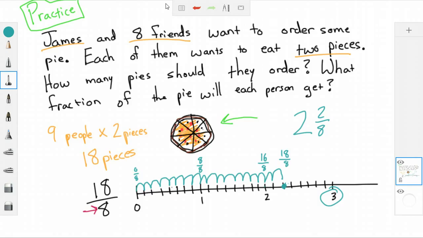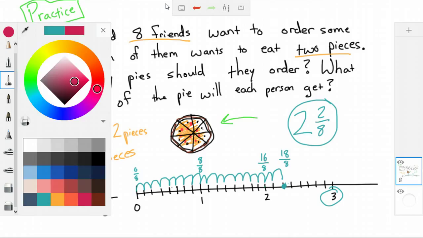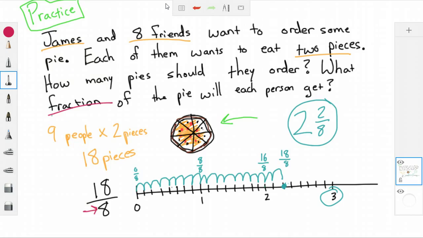So now this answers my first question, how many pies should I order? I need to get enough so that I have 2 2/8. But the next question is, what fraction of the pie will each person get? Remember, each person was going to get 2 pieces. 2 pieces right here.